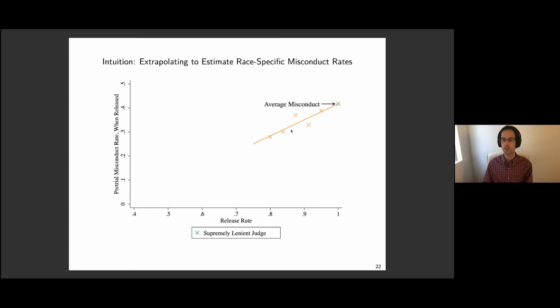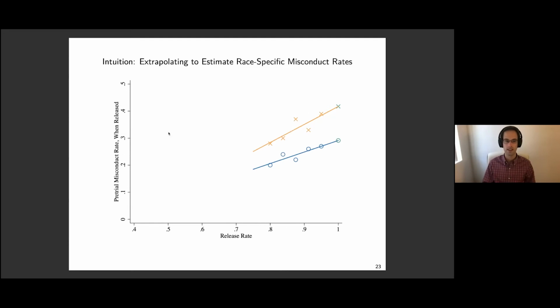If you only have a few judges, it's got to be a pretty parsimonious extrapolation. The more judges you have, the more nonlinearity you can allow, and the closer those judges are to a release rate of 1, the more closely you're going to hit those average misconduct rates. In practice, we're going to do this separately by race, and that will allow us to estimate race-specific misconduct rates.